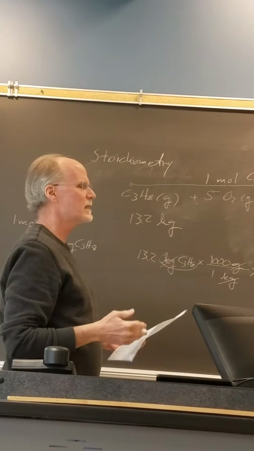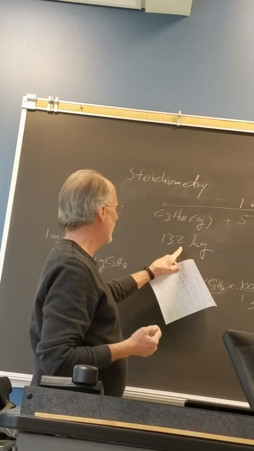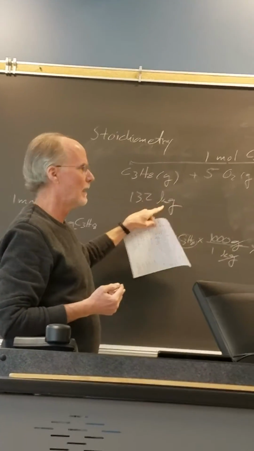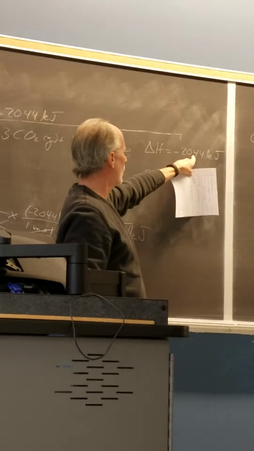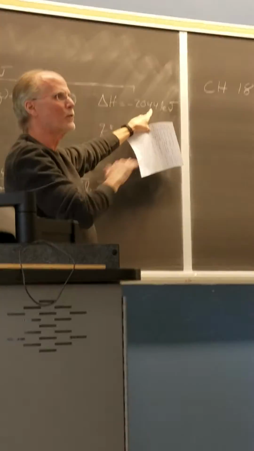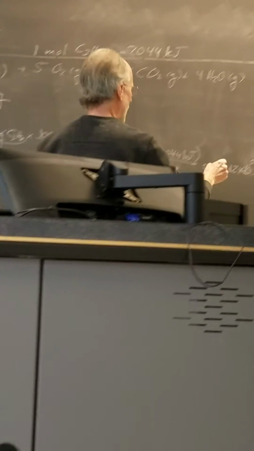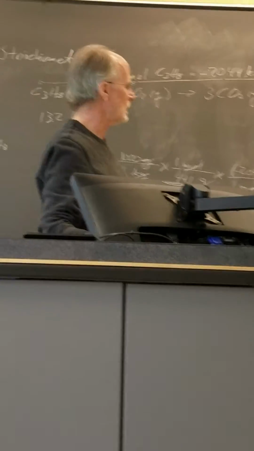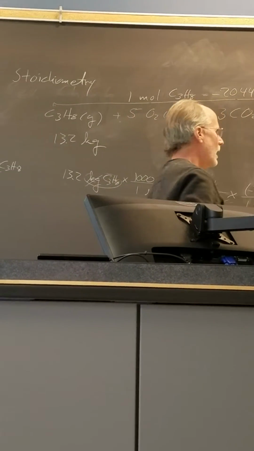This is 612,000 kilojoules, but you have a huge amount of propane in the tank there. And you're also getting a pretty huge amount, 2,000 kilojoules, that's not 2 kilojoules, 2,000 kilojoules for every mole.